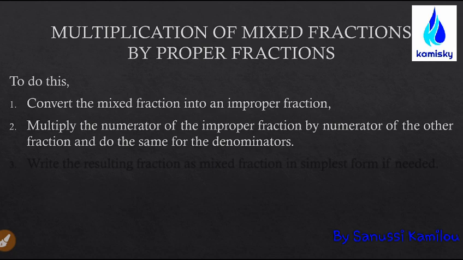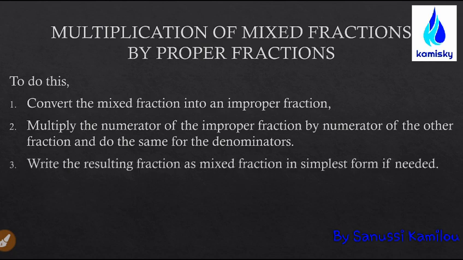That's all. Write the resulting fraction as a mixed fraction and in simplest form if needed. So if you think that one can be simplified, then you simplify. If not, conclude your work.